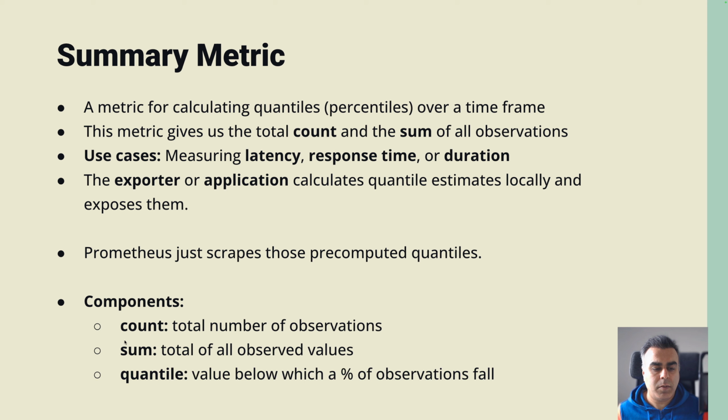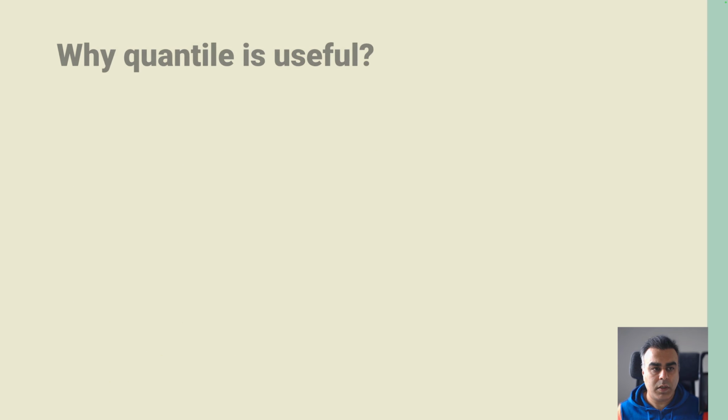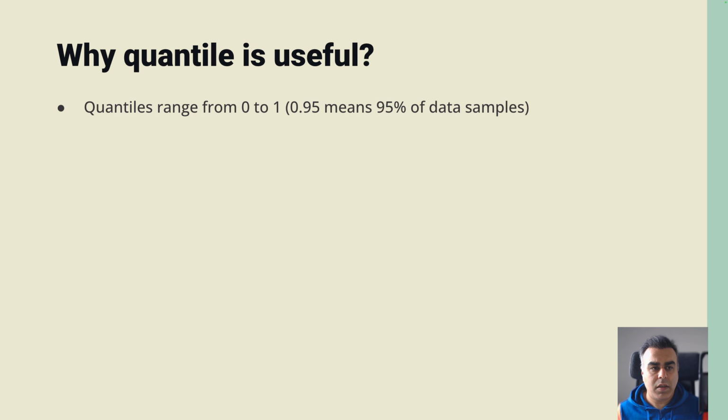So we are observing for 2 minutes, and the count, the total number of observations, is 2000. And the quantile is the distribution of the information that we are interested in. Let's talk more about the quantile. A quantile is a number from 0 to 1.